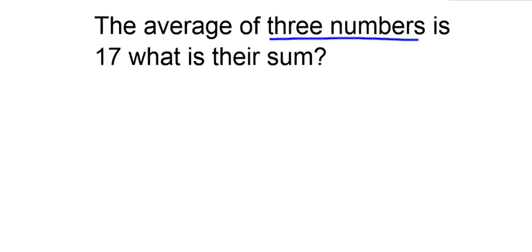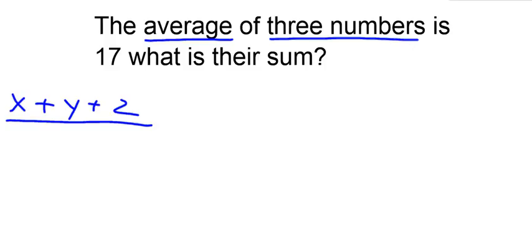But there's something about our average formula that we know. We know that when I take my first number plus my second number plus my third number and then divide them by 3, because that's how many numbers there are, it's going to equal your average. With that in mind, this is what my question is looking for. I'm looking for this sum.